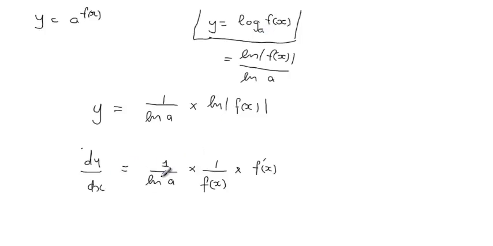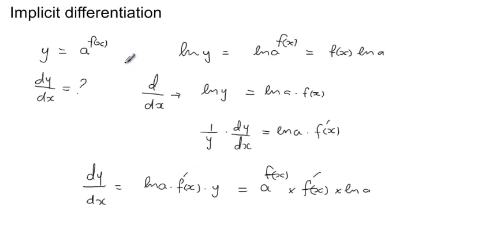Now look at what this is saying. It's saying the derivative of a logarithmic function is 1 over the argument multiplied by the derivative of the argument multiplied by 1 over the ln of the base. If you look at what is happening here compared to what is happening there, here we're differentiating an exponential function.